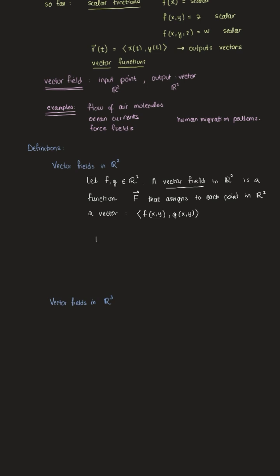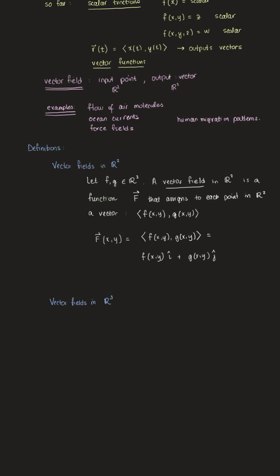So we can write that our vector field is the set of vectors whose components are f of x y, g of x y, and we can also write this using our standard basis vectors. So f of x y times i hat plus g of x y times j hat.